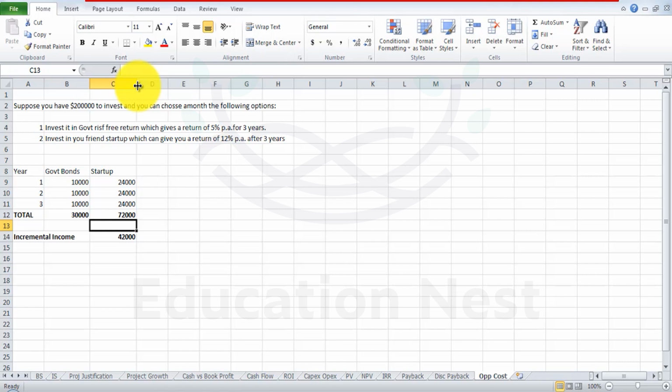Although not really important from a calculation point of view, it is really important to know as a project manager which project has how much incremental cost and which project loses an opportunity cost to what extent. That will give you a more detailed analysis, a clearer idea of how to choose projects. I hope this was easy to understand. With this, we complete our opportunity cost concept.